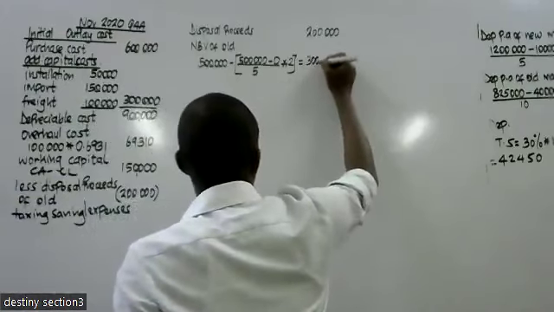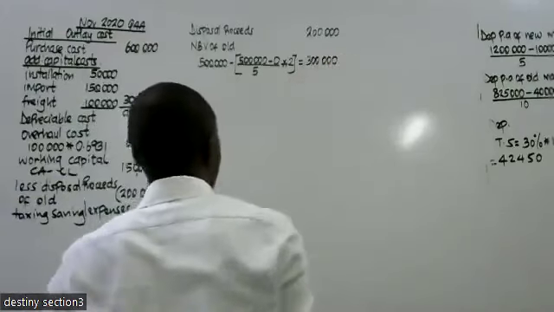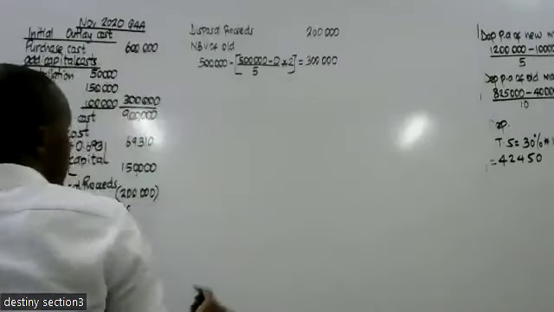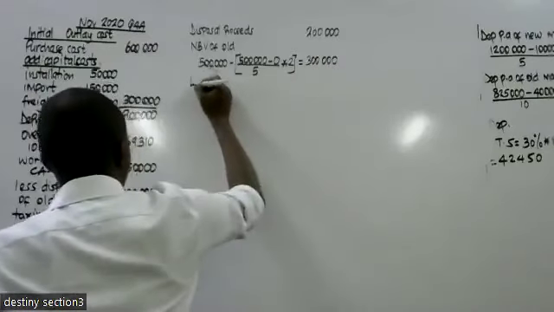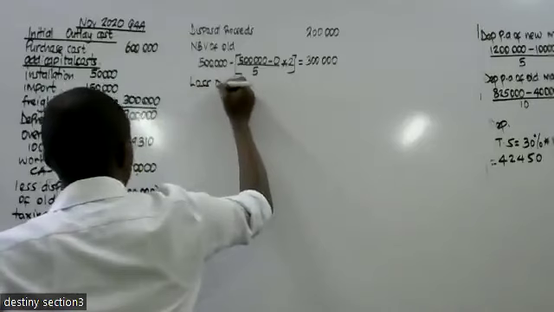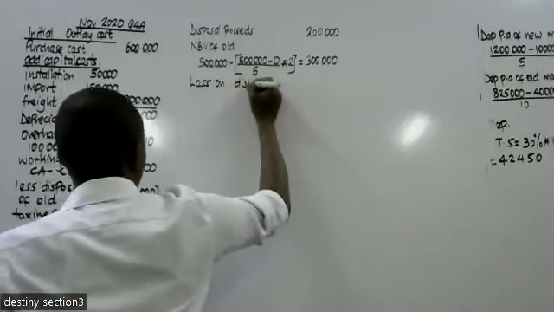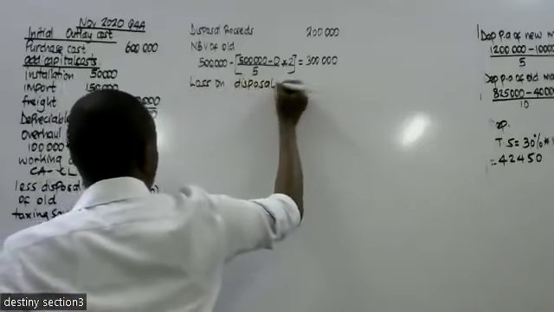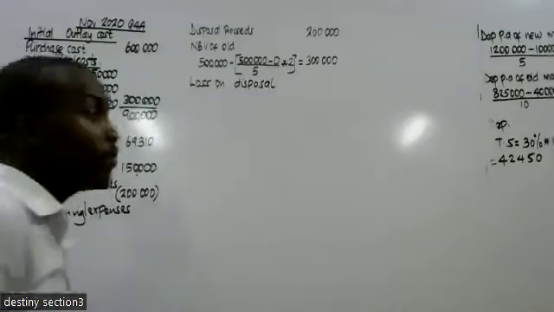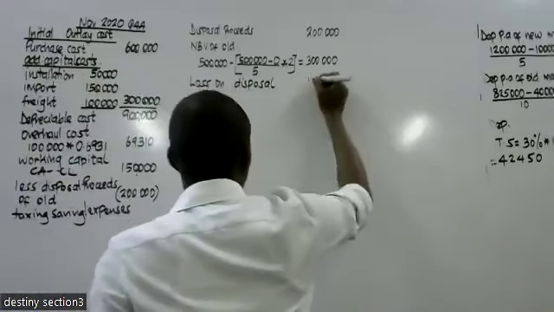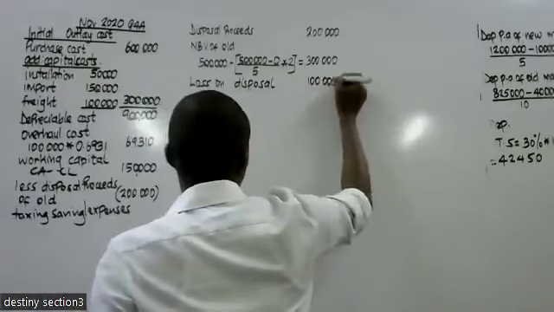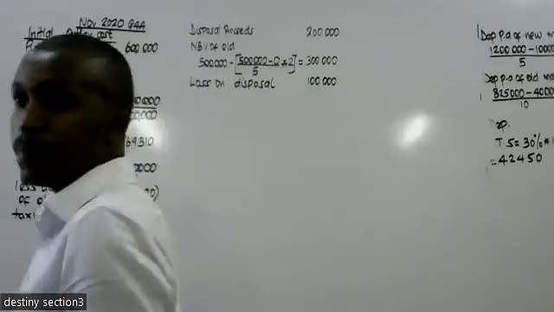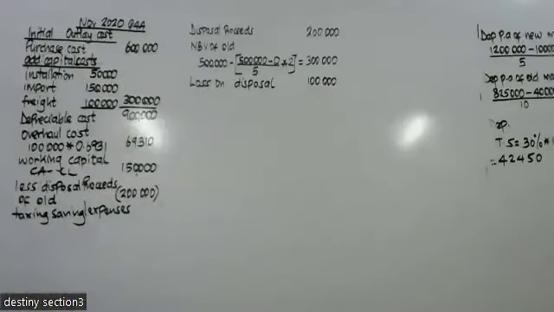That is 300,000. So is it a gain or a loss? This is the loss amount of how much? A loss on disposal of how much? 100,000. Yes.